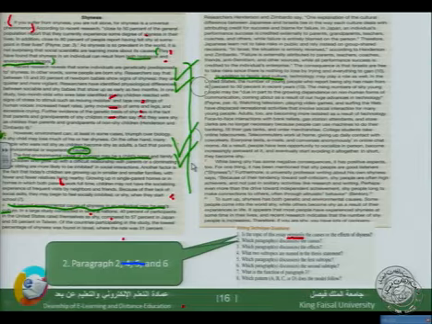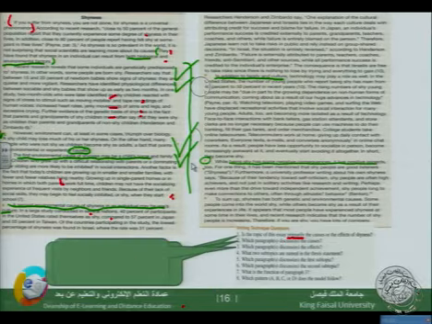Effects means results. Which paragraph discusses the results? It's going to be number 7. While being shy has some negative consequences, it has positive aspects too. So the answer is paragraph 7. Consequences means results, effects.